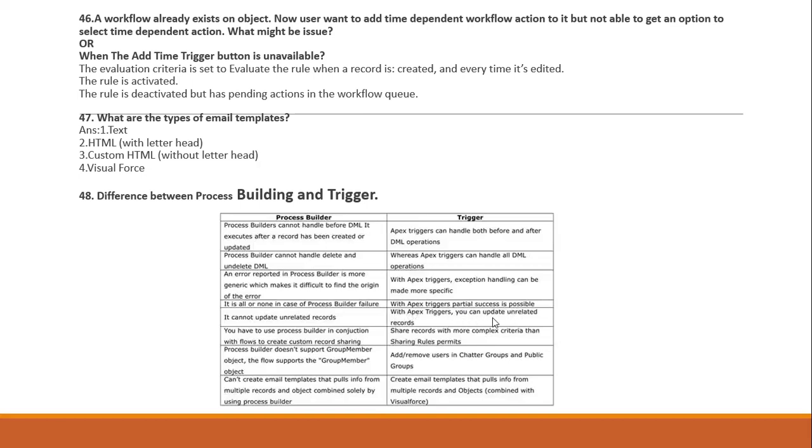With Apex triggers, you can update related records. Next, share records with more complex criteria than sharing rules permit. Next, add or remove users in the charter groups and the public groups. Next, create an email template that pulls info from multiple records and objects combined with user-specific data.